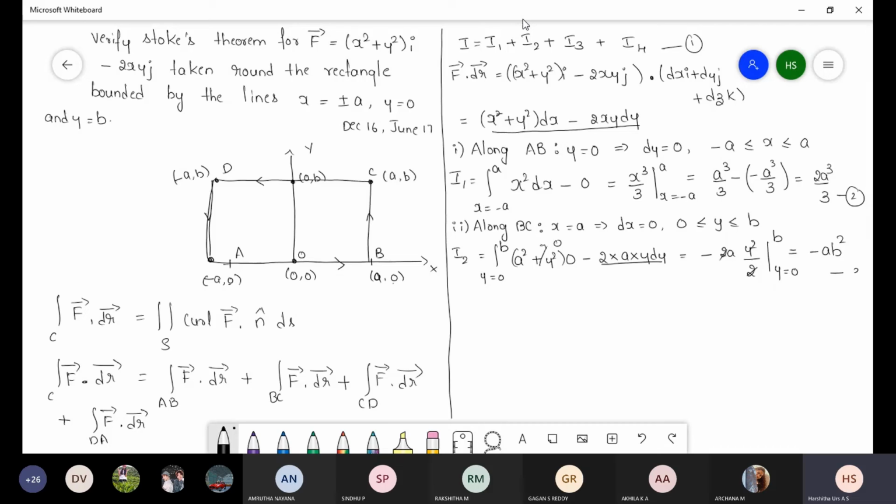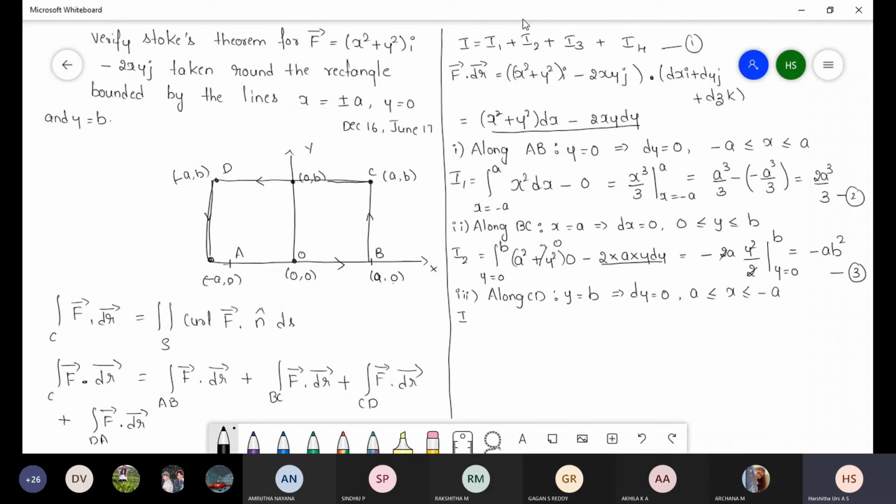Next, along CD. Here also y has the common value, that is y equal to b, so dy is equal to 0. See the direction: x varies from a to minus a, so the upper limit will be minus a.